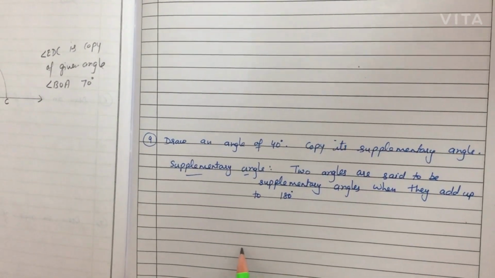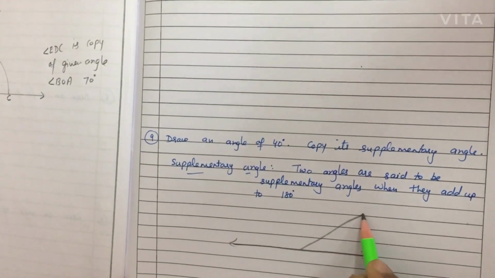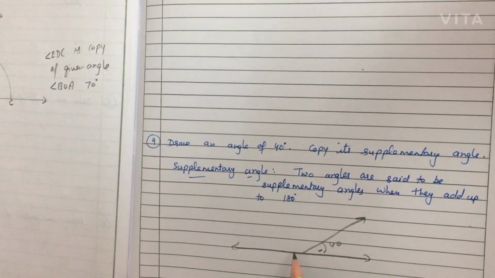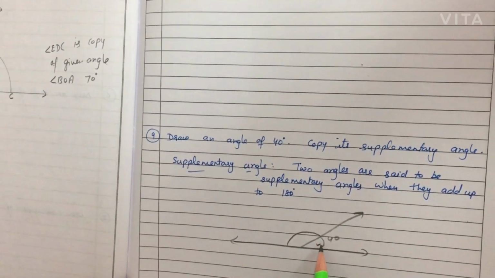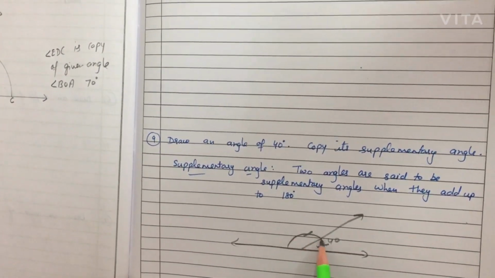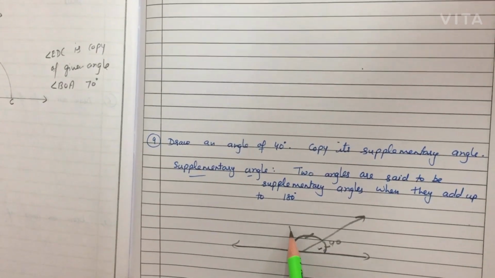So just suppose I have this straight line. If I say this angle is of 40 degrees, then this angle and this angle, we know it's a straight line, 180 degrees. So this and this angle add up to 180. So this will be called the supplement of this angle. It means 140.